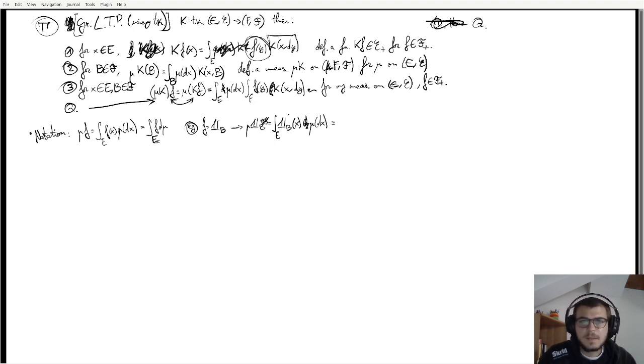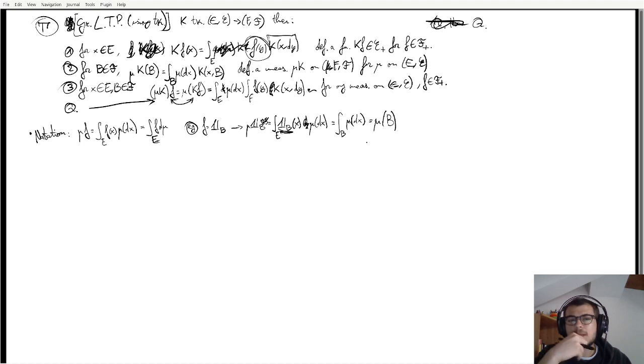But this is the integral over B, because we restrict ourselves with the indicator function to this set, which is smaller than the entire set, of mu dx. And this is nothing but the measure of B.